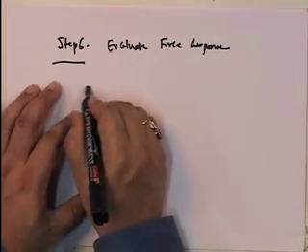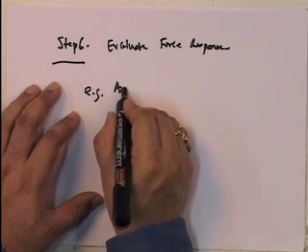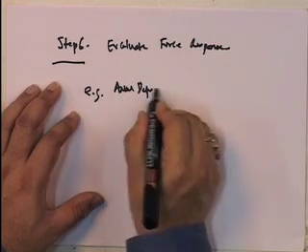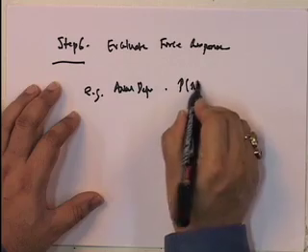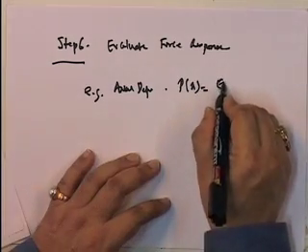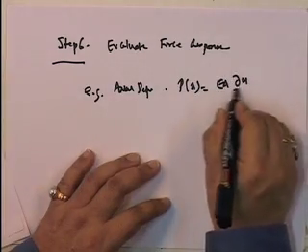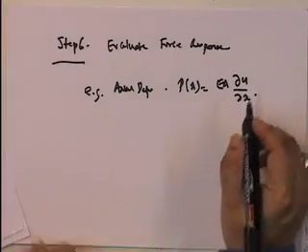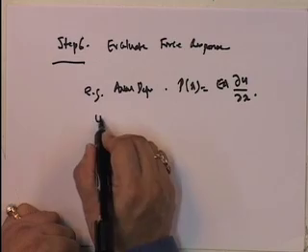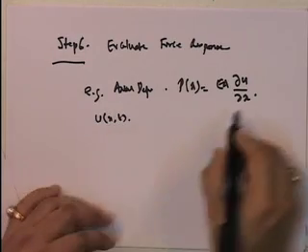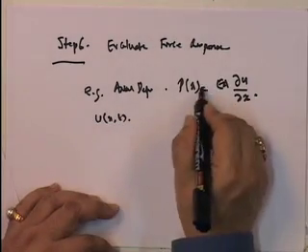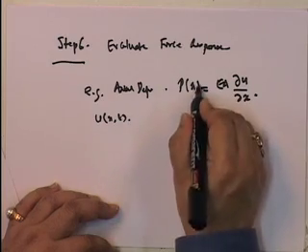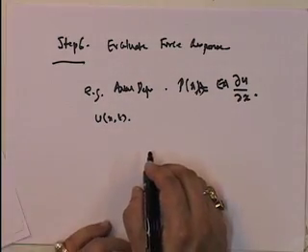For example, for axial deformation, P of x is equal to EA del u by del x. Since you have got u of x and t, del u by del x into E will give you P of x and t.